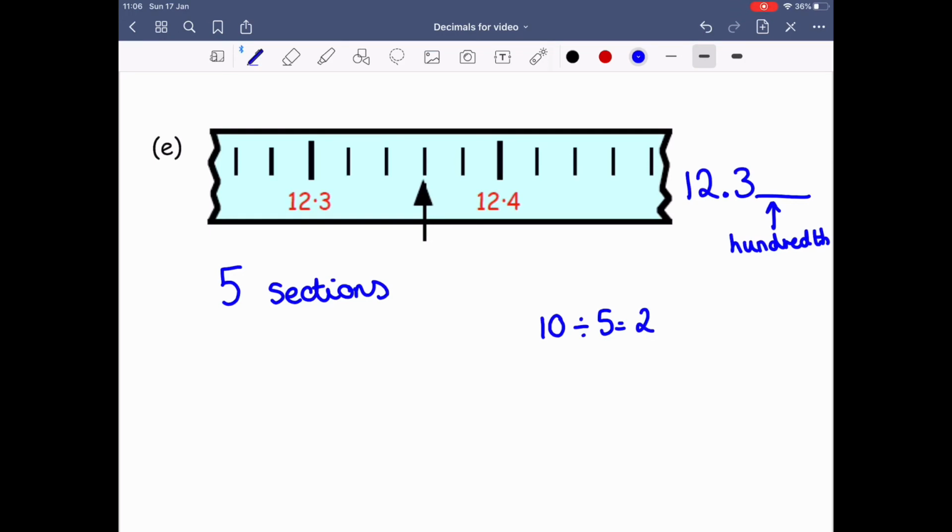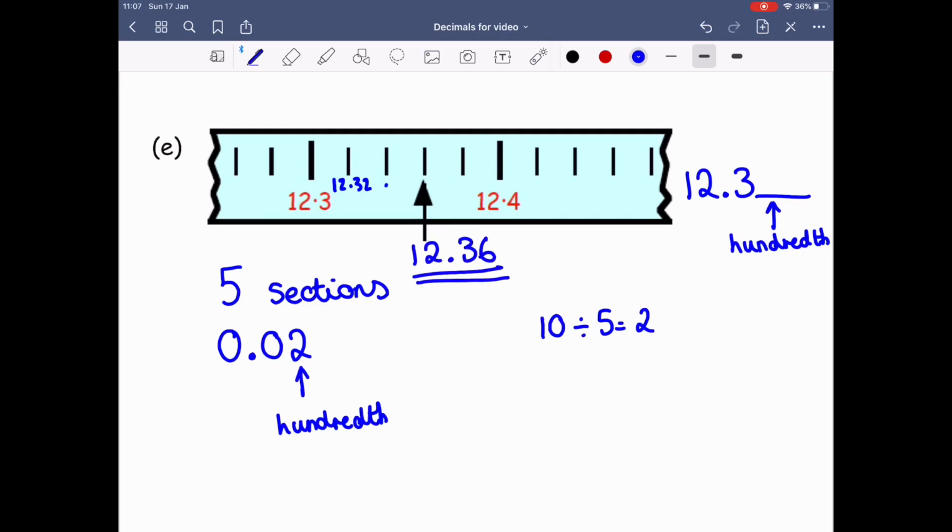So each of these lines represents 0.02, because that's our hundredths, which we knew we were looking for. So 2 hundredths. This first line would be 12.32, not 12.31. The next one would be 12.34, and this one is 12.36. So 12.36 is our answer here.